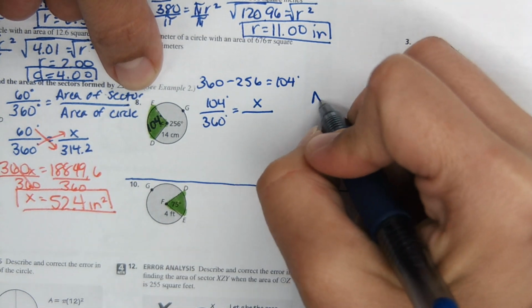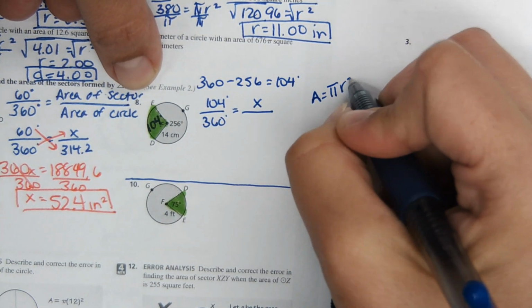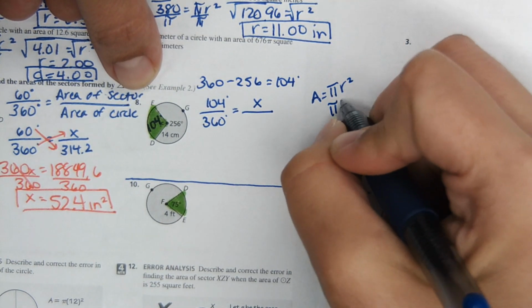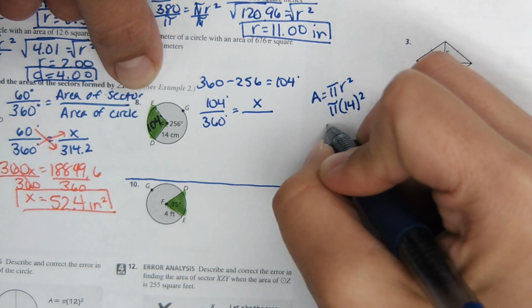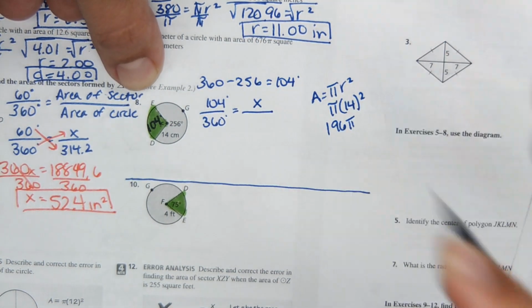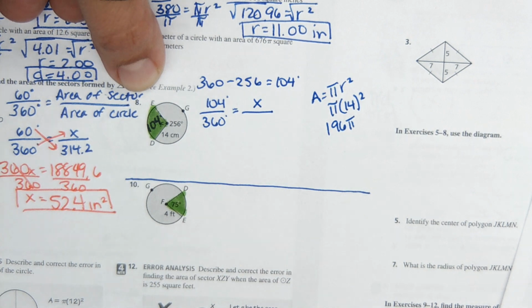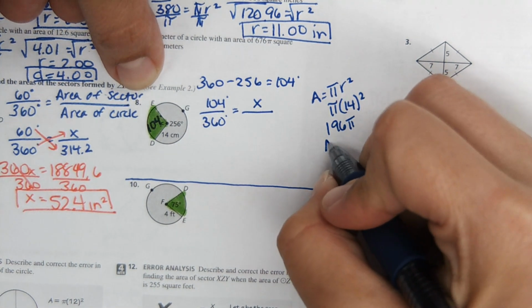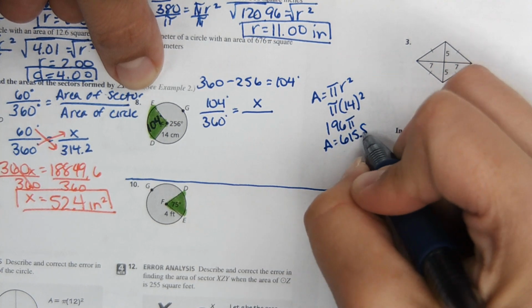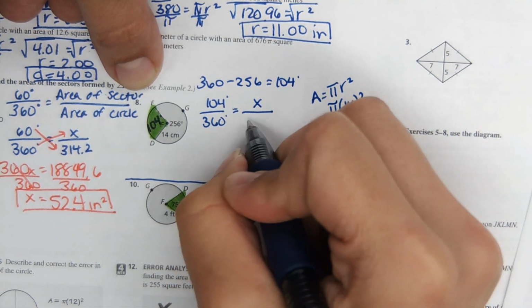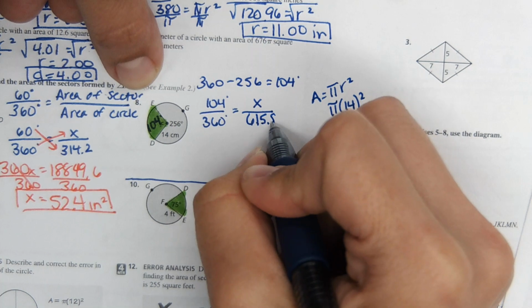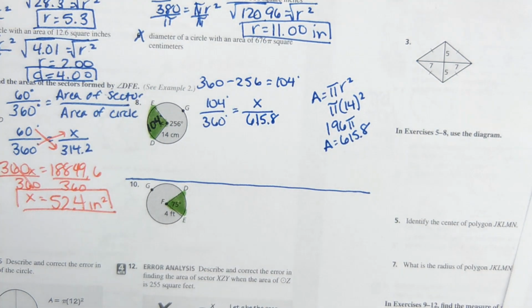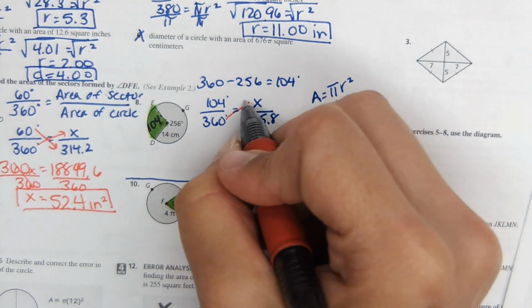And over here, I'll find area by pi r squared. And then cross multiply.